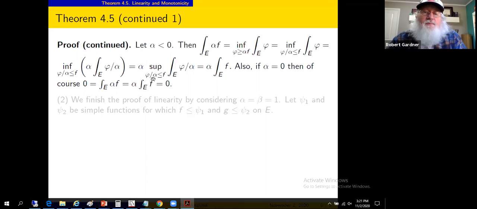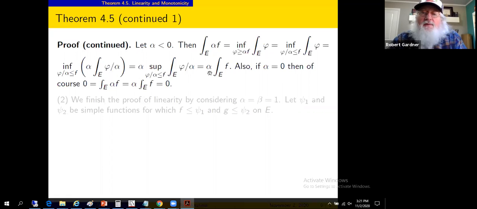Here we've got a sup of simple functions less than or equal to f, integral of that simple function over all such simple functions. That's the definition of the lower Lebesgue integral. But f itself is Lebesgue integrable.